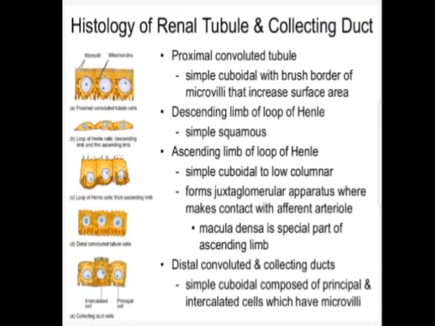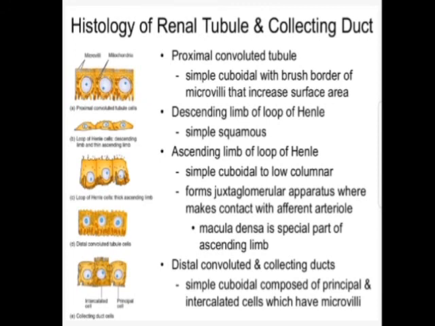In this picture you can see the histology of the renal tubule and collecting duct. The proximal convoluted tubule has simple cuboidal epithelium with a brush border of microvilli that increases the surface area. The descending limb of loop of Henle has simple squamous epithelium. The ascending limb of loop of Henle has simple cuboidal to low columnar epithelium, and it also forms the juxtaglomerular apparatus where it makes contact with the afferent arteriole.